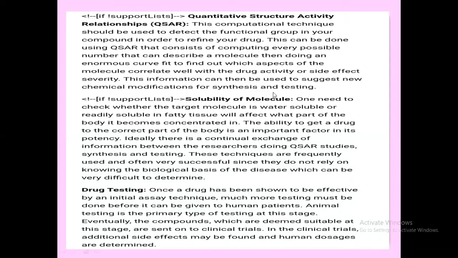The next step is solubility of the molecule. The drug that you are going to design should be soluble in water. Then giving the drug to human beings becomes very easy.